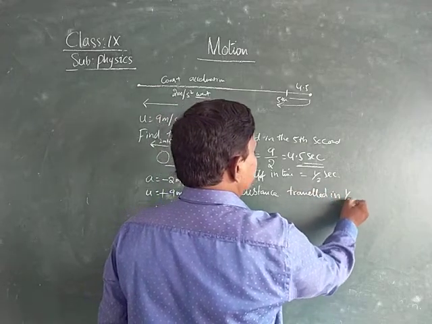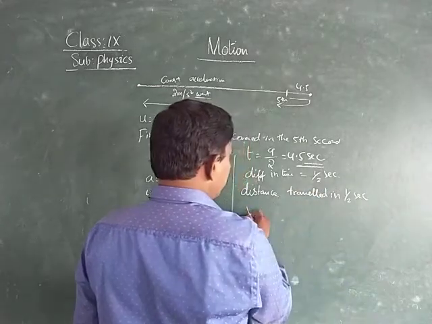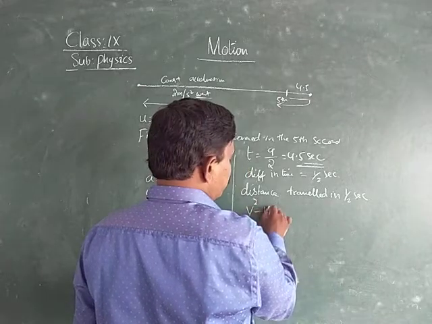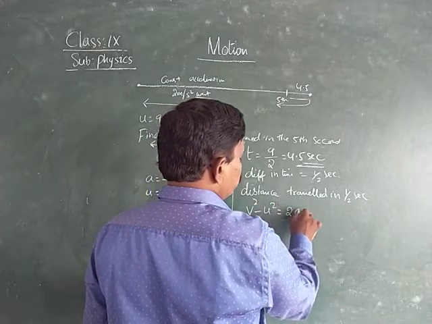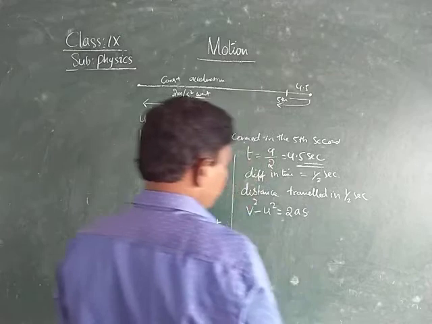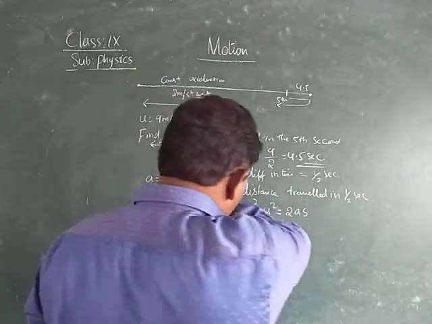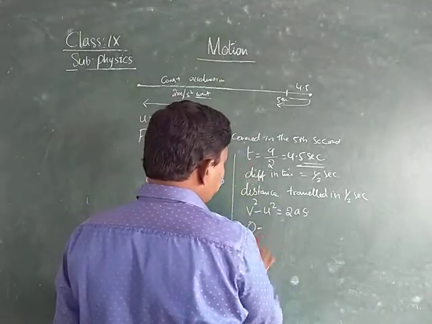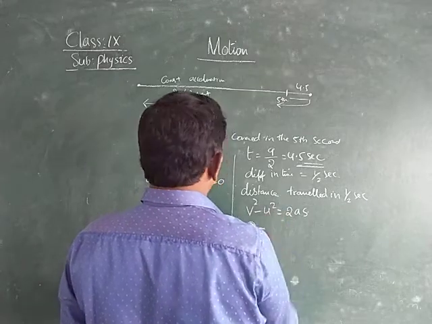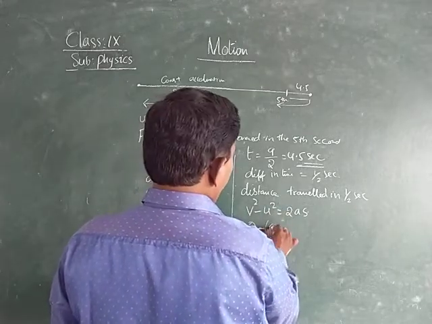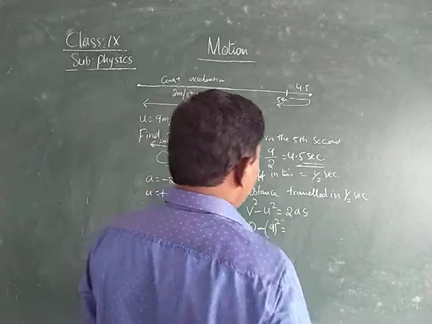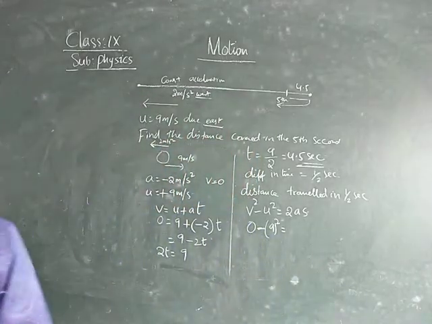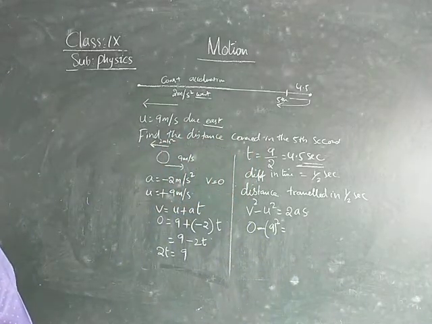By using the formula, V square minus U square is equal to 2AS. V is 0 minus U is how much here? 9. 9 square.